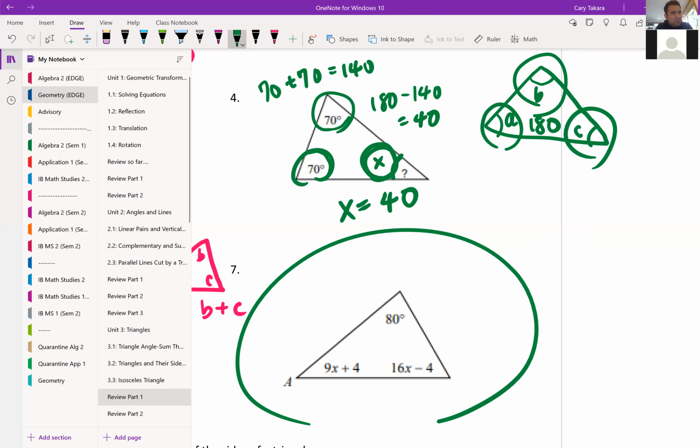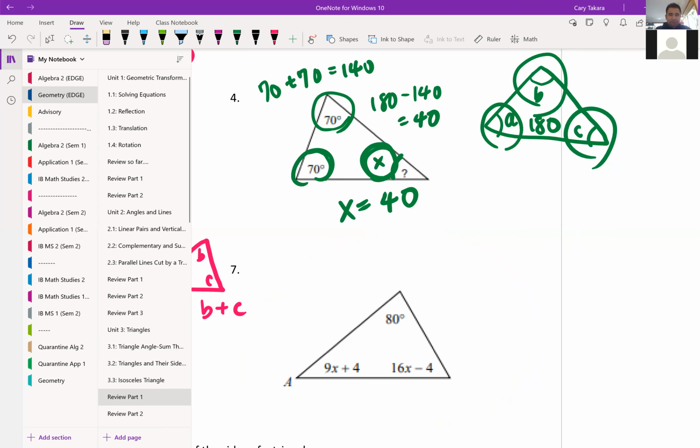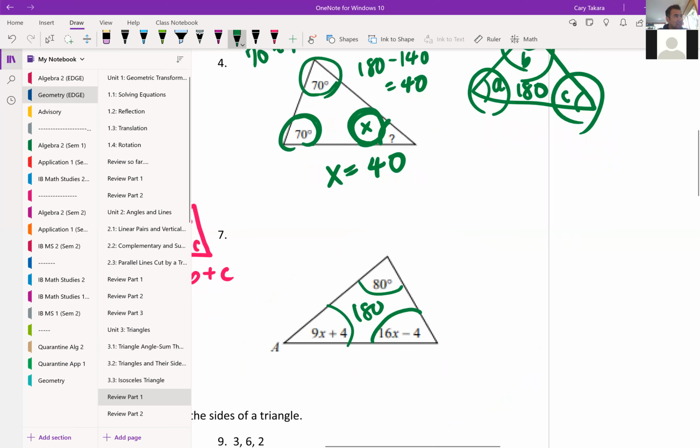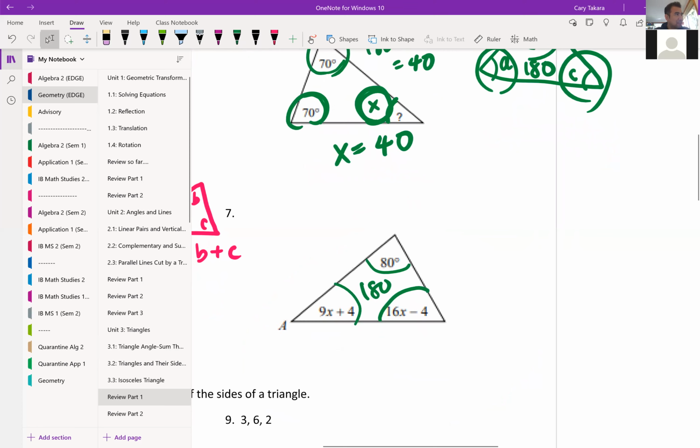Do you have the equations? How do you set it up? Again, we are going to use the angle sum theorem. If you add all 3 angles, that's going to be equal to 180, right? Very good, Logan. So somebody has the answer. Does anybody else have an answer? Please share once you're done with number 7.